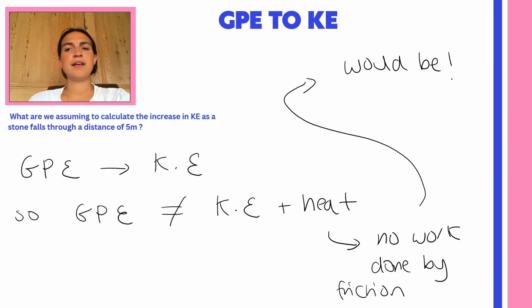Why? Because we're assuming that there has been no work done by friction in these questions, so no energy being transferred into heat. But there would always be some kind of resistive or frictional force. For the stone here, it would be air resistance. So some of that gravitational potential energy will be dissipated to heat energy around the stone.